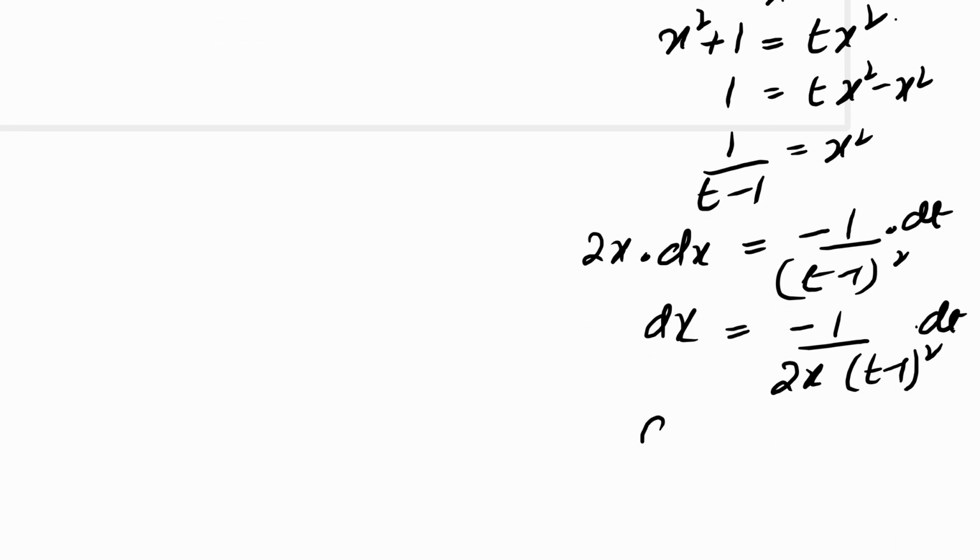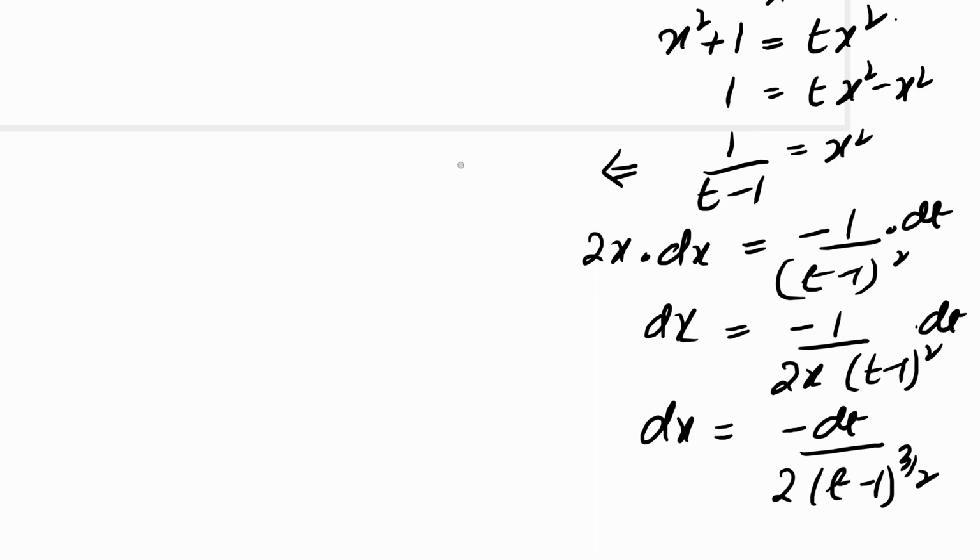Now I can write dx as minus dt, and I can write this x from here as t minus 1. Now the power will go over here and it will become 2 times t minus 1 to the power 3/2. That is half plus 1, that is 3/2. This implies x is equal to under root t minus 1. From here we are substituting this.